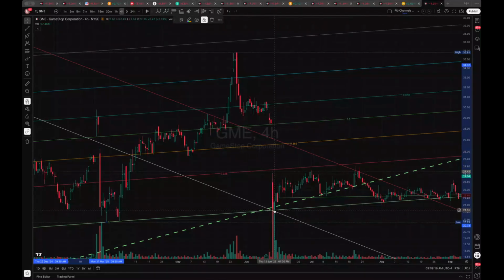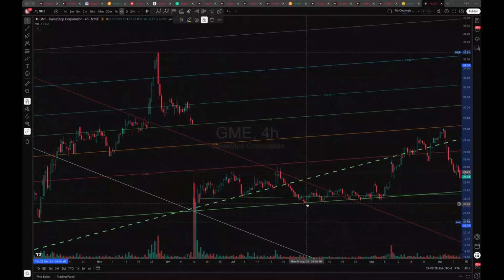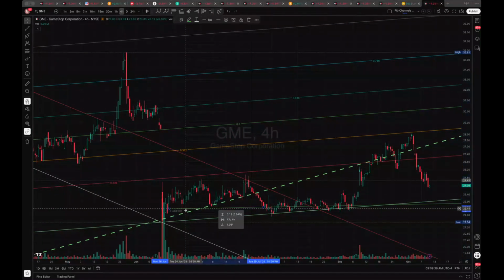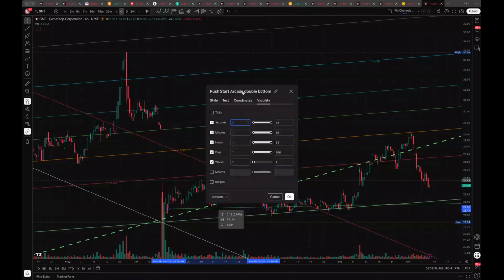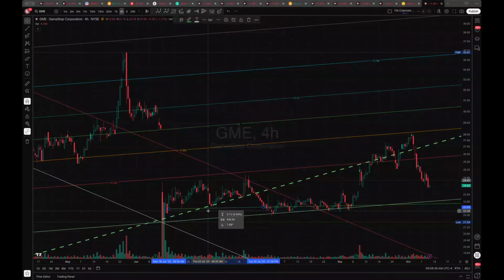And then it did a perfect tap of that Gandalf line again after having basically formed it on the prior convertible bond offering. And then, oh, by the way, this ray here is from the Push Start Arcade announcement. So there was a double bottom there.